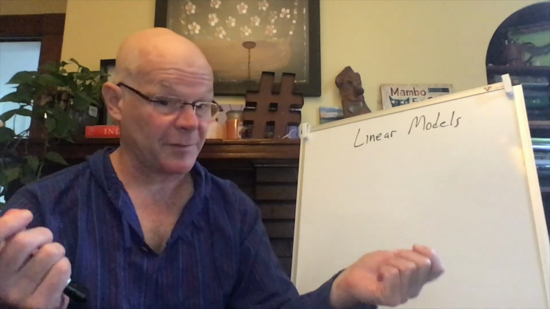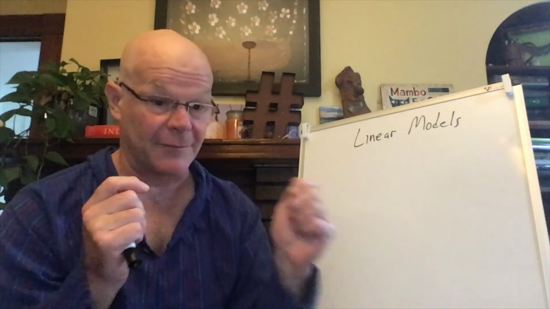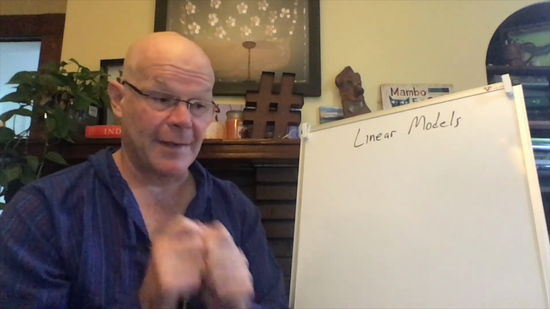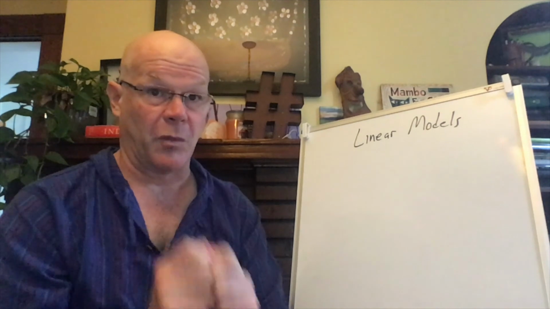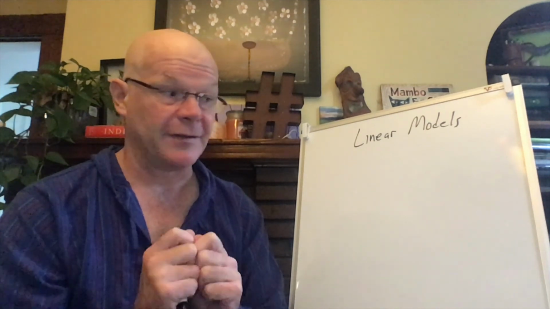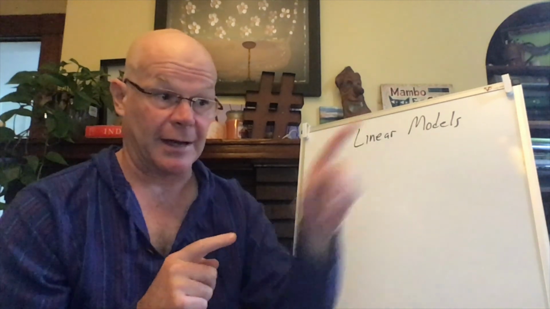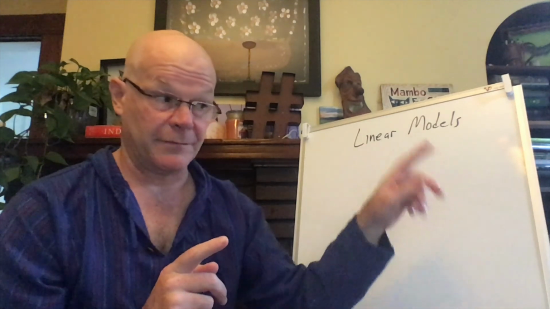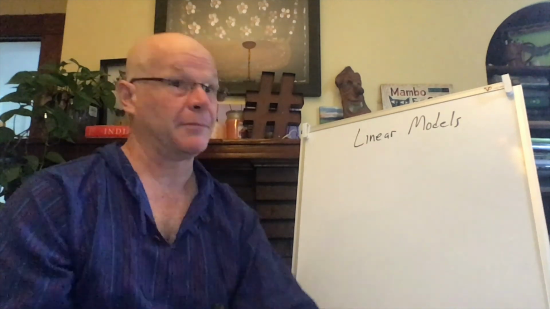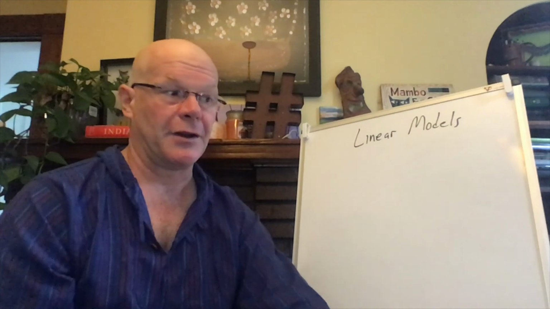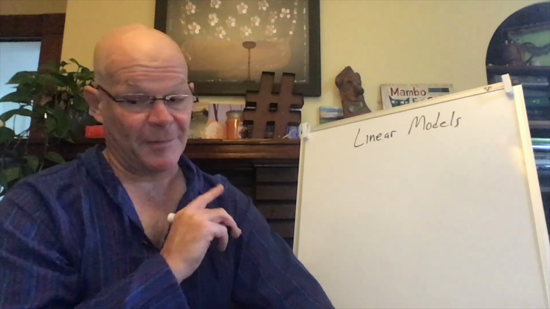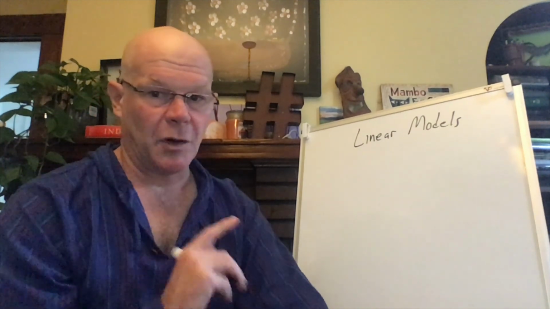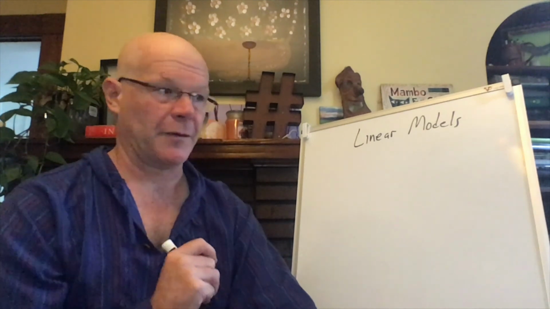They will be involved with multiplication with other things, but never with another parameter. And that is the definition of what a linear model is. It's not necessarily that it's a straight line, okay? Because we can make linear models that do not predict a straight line, and they're still linear models. Why? No parameter is multiplied by another parameter, and no parameter serves as an exponent to another parameter.